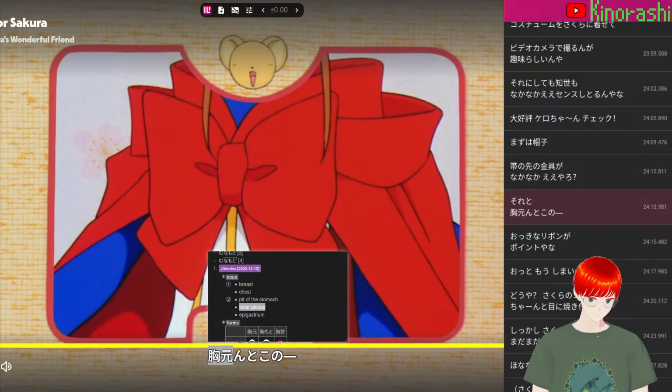Solar plexus is a complex network of nerves located in the upper abdomen, just behind the stomach and in front of the aorta.